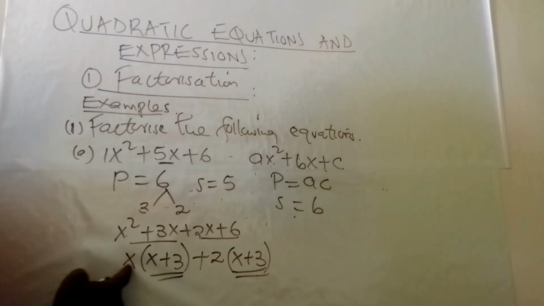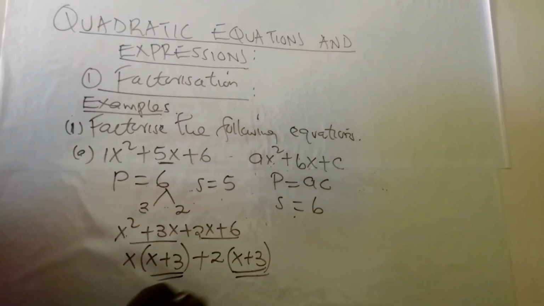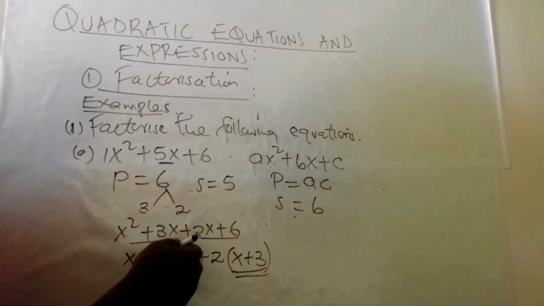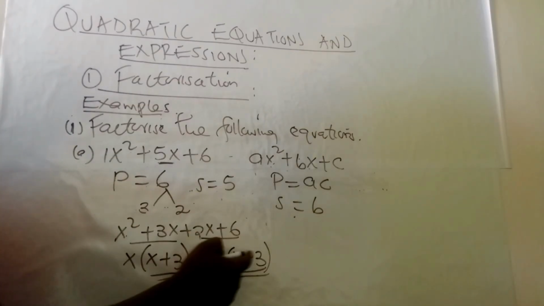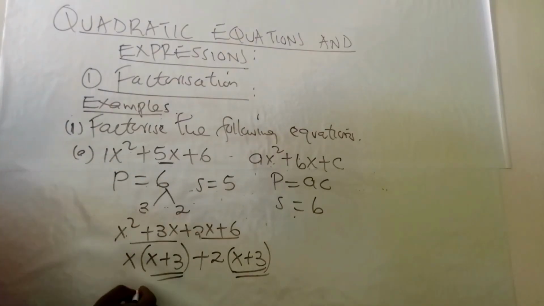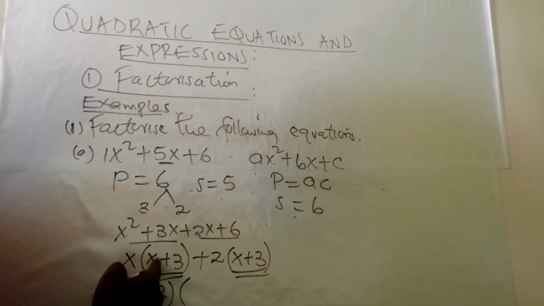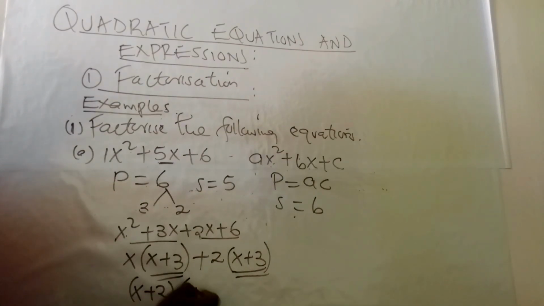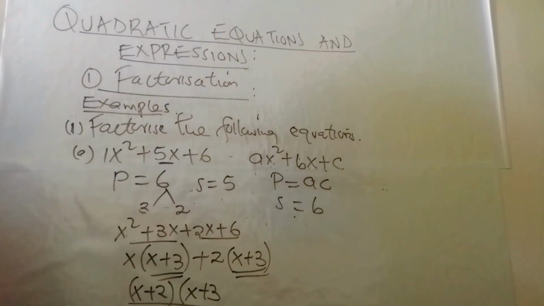So now the next thing is to combine what is outside the bracket. We're going to have x plus 2 in a bracket, and we just pick one of these, x plus 3. That becomes our solution.